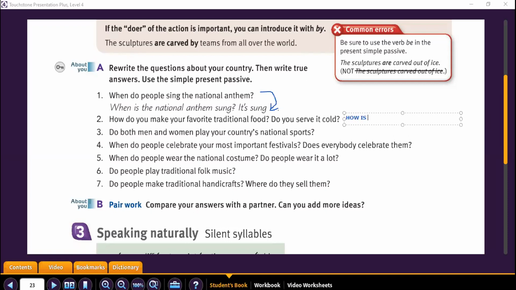How is, nos falta, favorite traditional food. Exactly. What is your favorite traditional food? ¿Qué más? El verbo nos hace falta en pasado participio. Made? Made, exactly. How is your favorite traditional food made? ¿Cómo está hecha tu comida tradicional favorita?